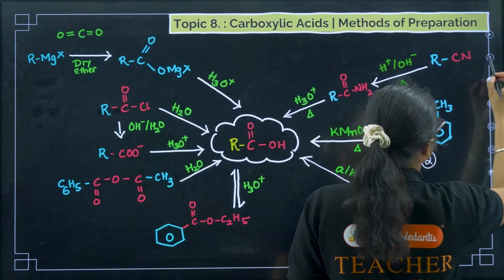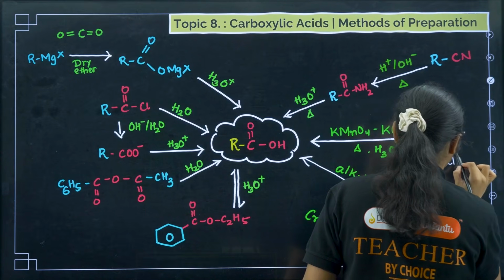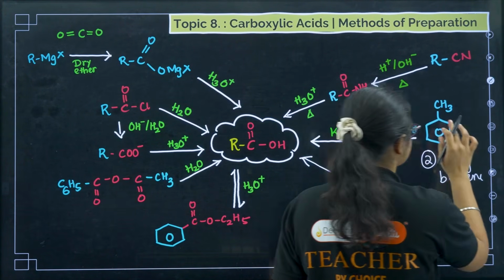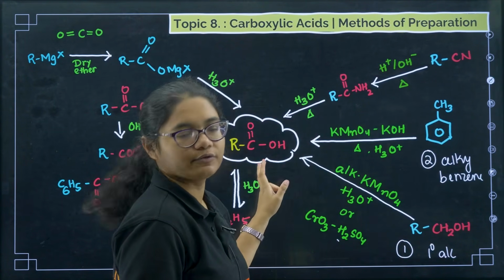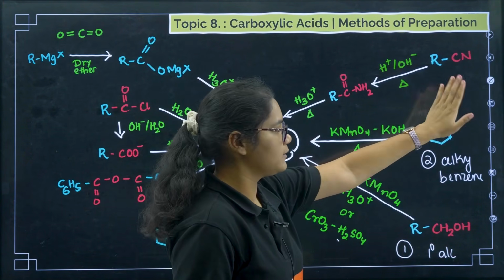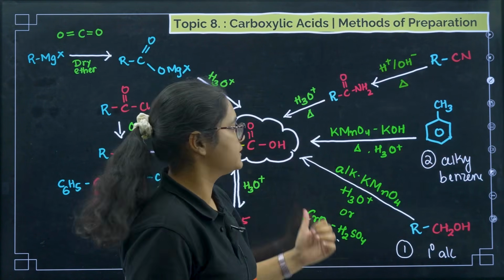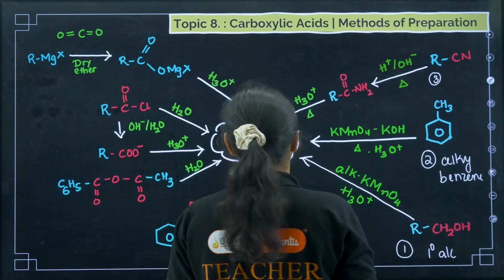The next one was from alkyl benzenes. Whichever alkyl benzene you have, you just have to use KMnO4, KOH and H3O plus. This will convert it to this one. You can have 2 carbon, 3 carbon, 4 carbon, anything is possible, but the final product will be benzoic acid. The next one was from nitriles and from amides.